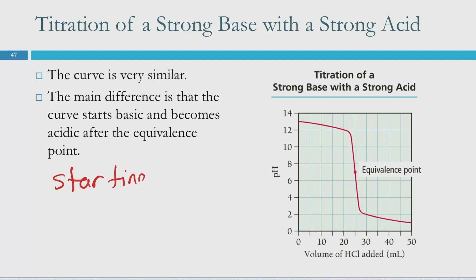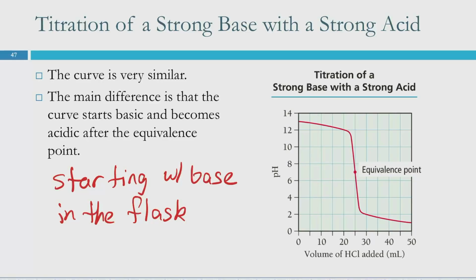So this is starting with base in the flask instead of acid. So we're starting with a high pH, adding acid in, and our pH curve looks about the same. And since it's a strong base and a strong acid, our equivalence point is pH 7.